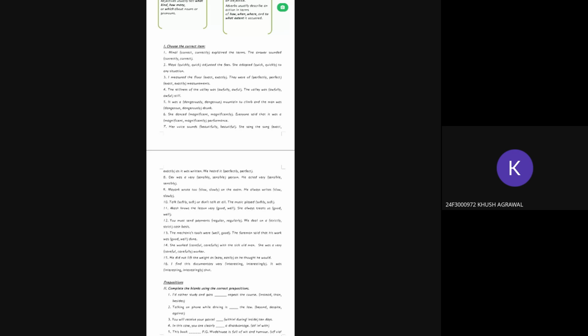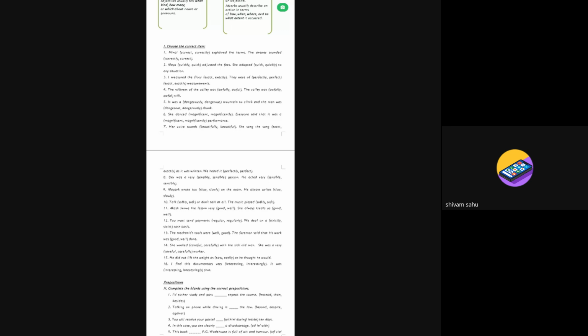Second one, Maya quickly adjusted the fees. Quickly adjusted, right? Adjusted is your verb. She adapted quickly to any situation. Again, there is nothing else that you need to qualify here. It's again the verb. Third one, I measured the floor exactly. How did you measure?